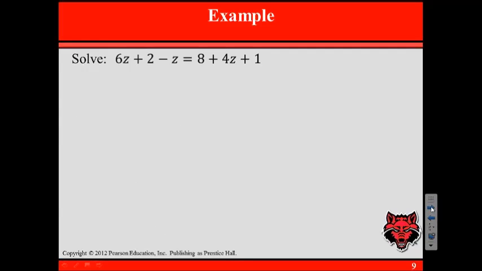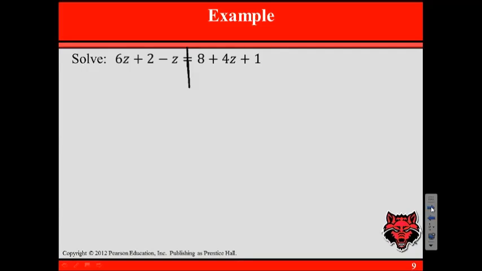Let's try another example. Here we have 6z plus 2 minus z equals 8 plus 4z plus 1. Now in this particular example, it looks like we can combine some like terms on the left side and maybe some like terms on the right side before we start moving numbers and variables in order to isolate our terms.